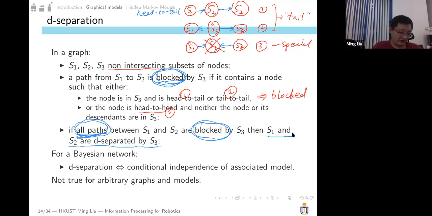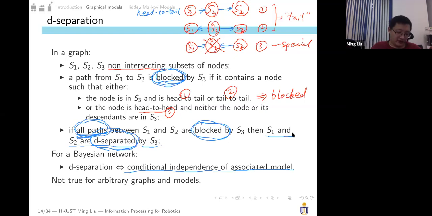This is called d-separation. What is d-separation? D-separation is equivalent to conditional independence of the associated model.